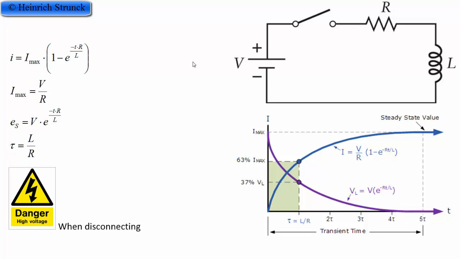The maximum current when we switch on the system must be when the induction voltage is zero, so it is just the supply voltage divided by the resistance. We can put this value in the formula up here and then calculate the current at every time.